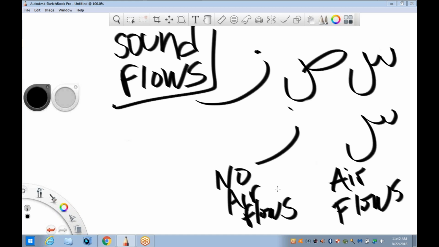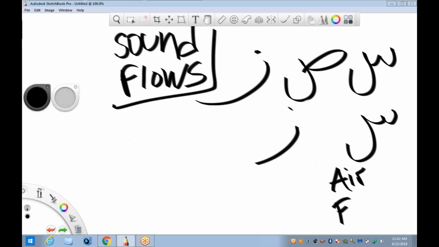If the sound flows in all of them, then the distinction between them has to be in air. The separation between them is in air. So the sin, air flows, and the zay is no air. Bear with me as we erase this here.